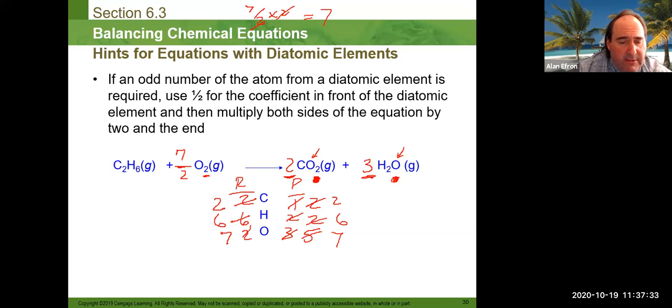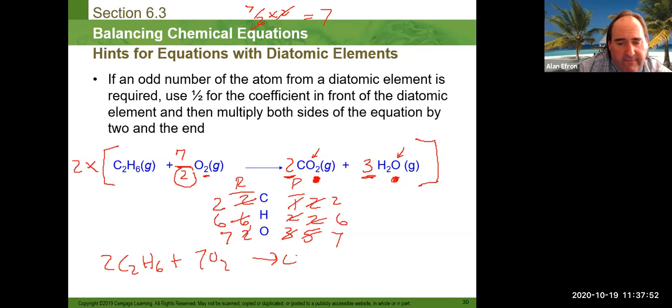So remember, as we talked about earlier, you can use the fraction to balance, but then you need to get rid of it. So we're going to multiply not just the fraction by the denominator, but everybody that is there. If we do that, that gives us 2C2H6 plus 7O2 gets us 4CO2 and 6H2O.